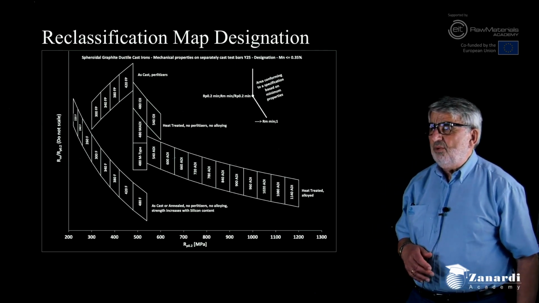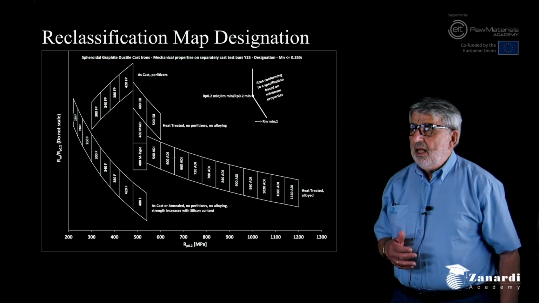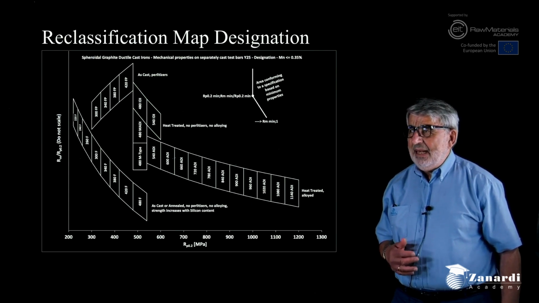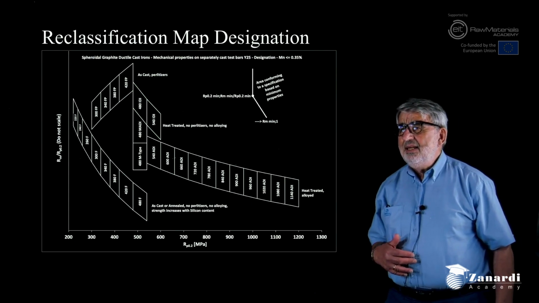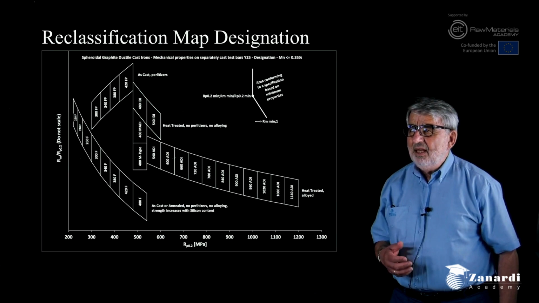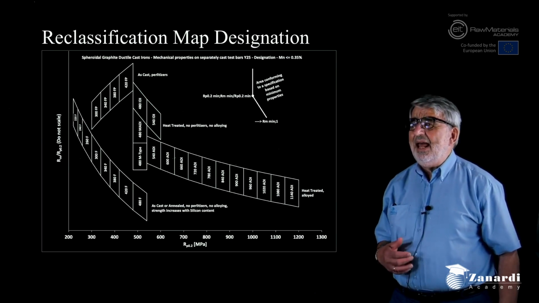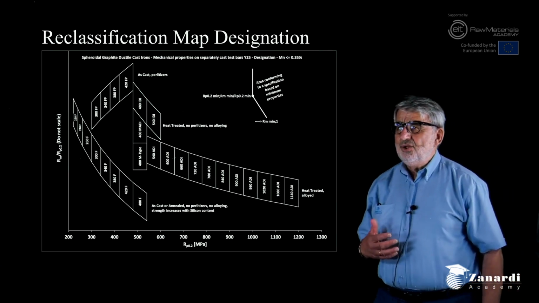So for this we propose a reclassification map in order to better define the different processes that in the years have been evolving into the international standard and added without a clear strategy.